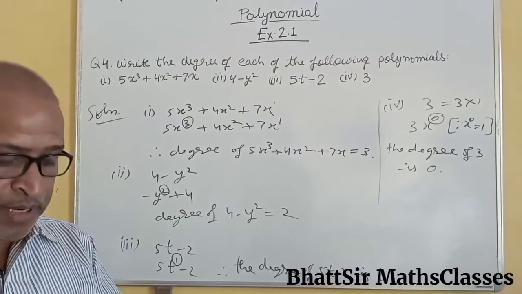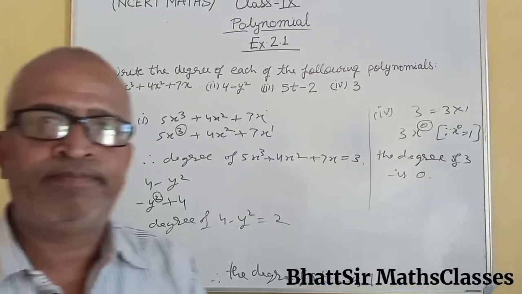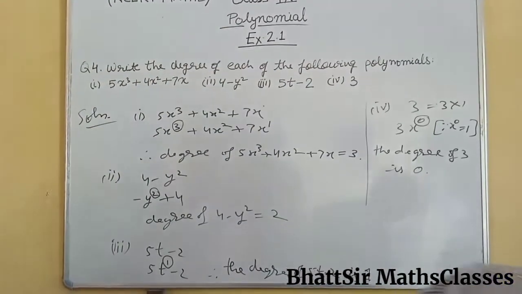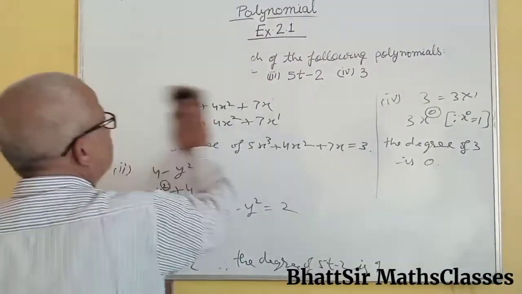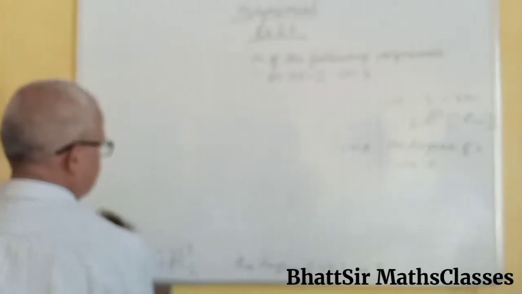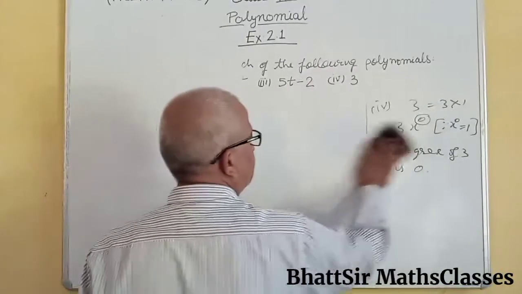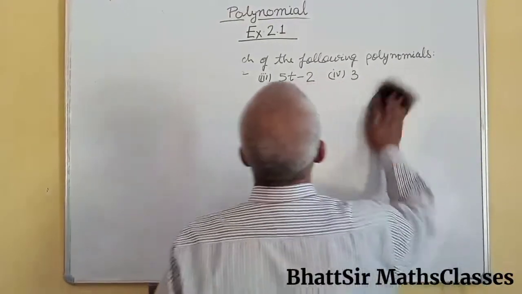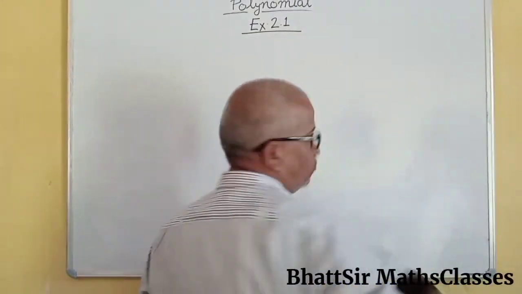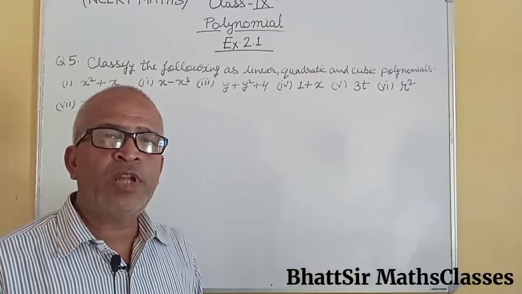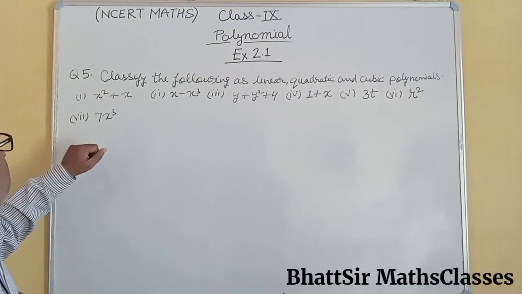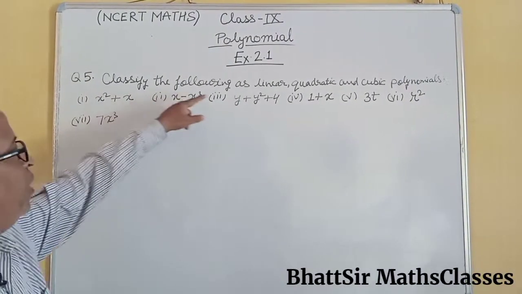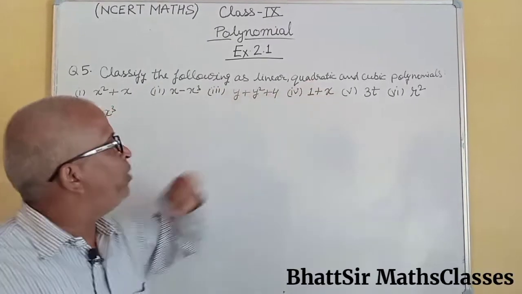Now I am attending question number 5 of exercise 2.1, chapter polynomials. Classify the following as linear, quadratic and cubic polynomials.